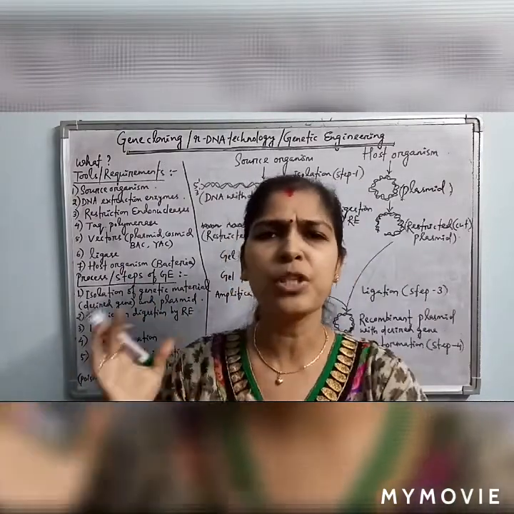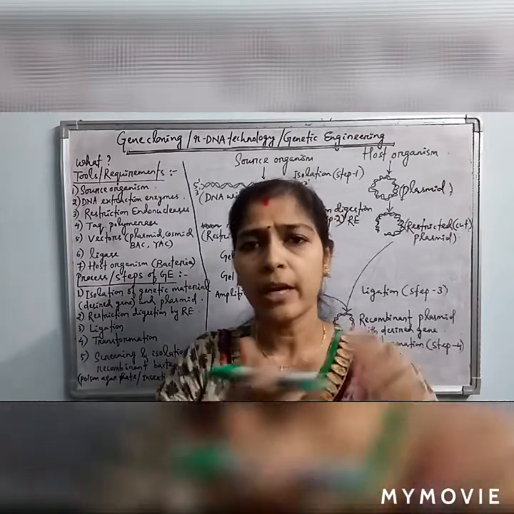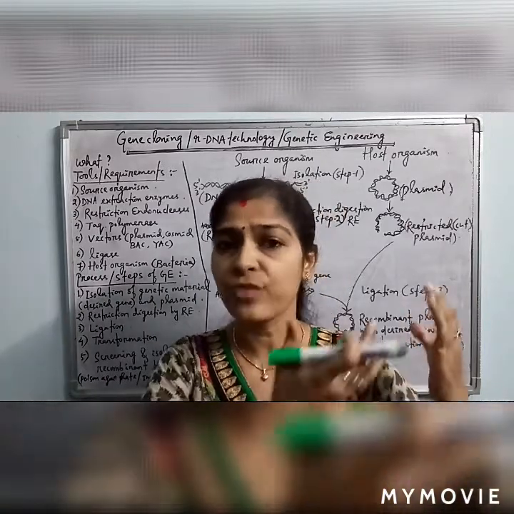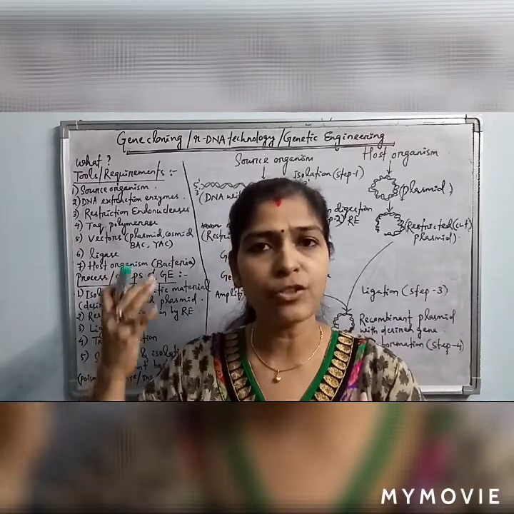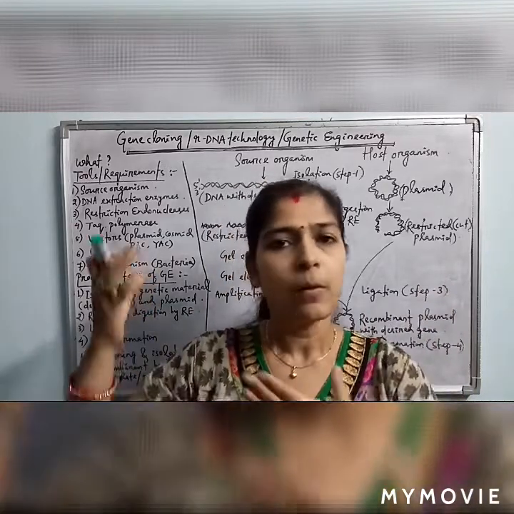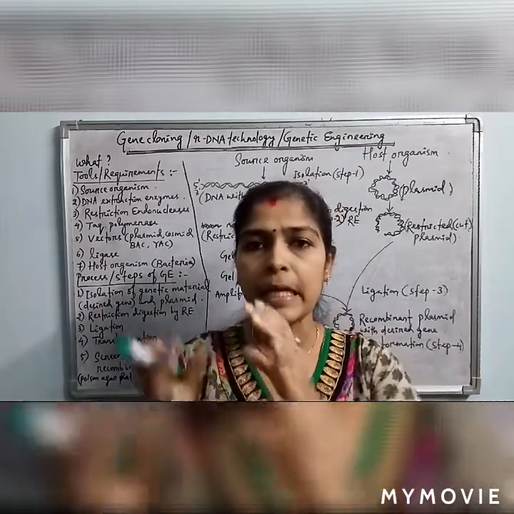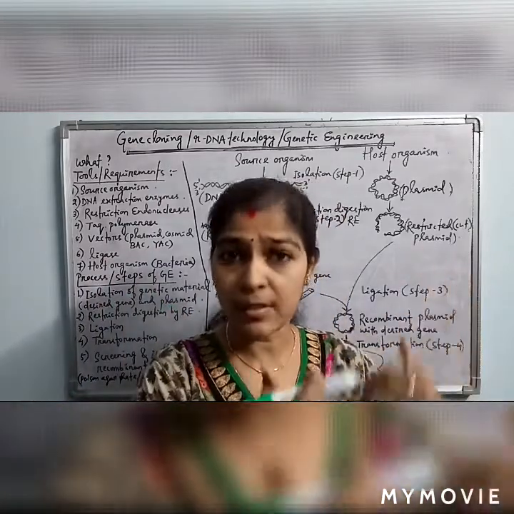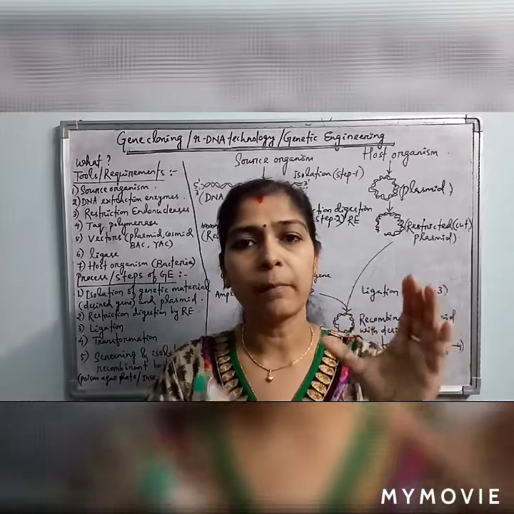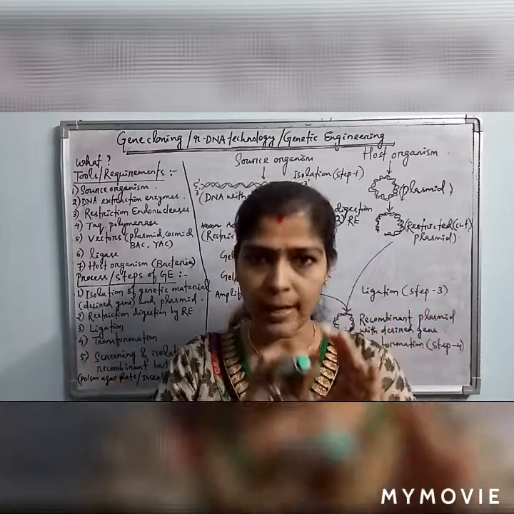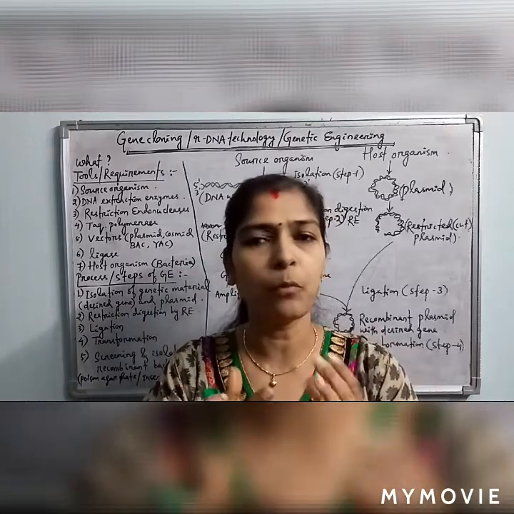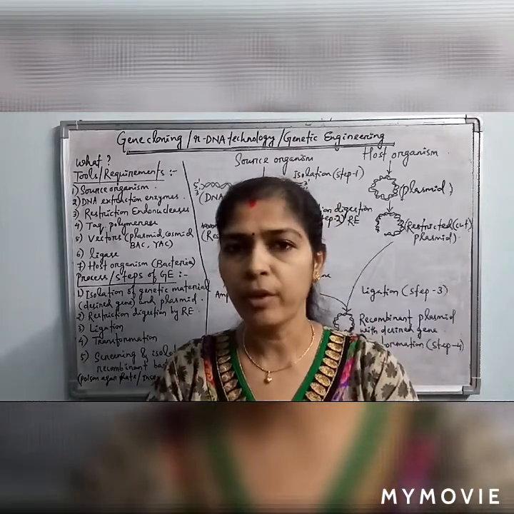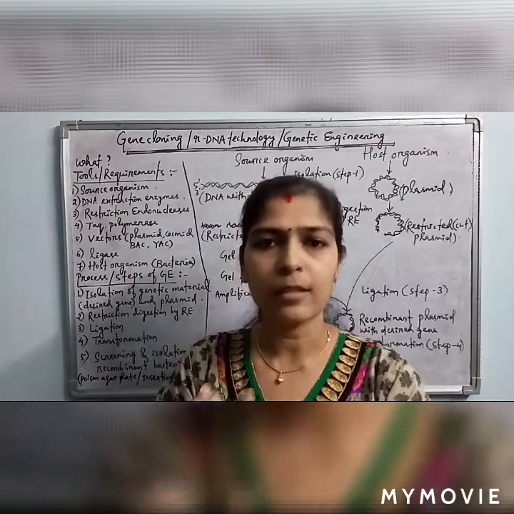The host organism is mostly the bacteria, because if we have utilized the plasmid, we have to extract the plasmid from the host, as we extract the desired gene from the source organism. Similarly, from the host organism the plasmids are extracted, and these plasmids are made recombinant by adding the desired gene, and these plasmids are again inserted into the same host, mostly E. coli bacteria, which are human friendly.